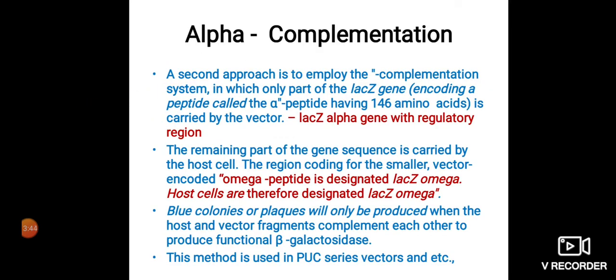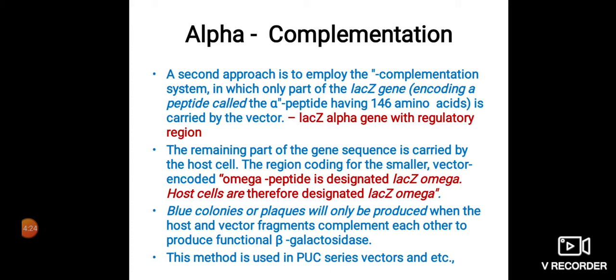Here we come across a little variation of blue-white screening called alpha complementation. This is the second approach. Complementation means the thing which is missing in one of the components gets complemented by the other. They studied this beta galactosidase gene and enzyme protein extensively, and found that there are two different components within this protein: the alpha part and the omega part.